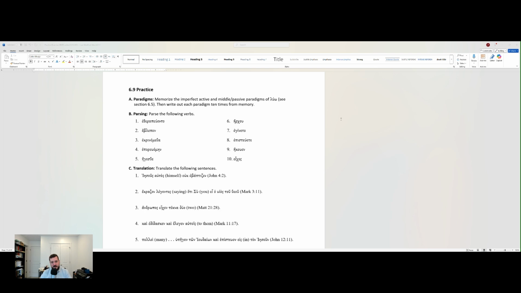There's a lot of really good information in the chapter. The section about how vowels contract is really worth your time to study and master, because it will help you identify that a word has an augment on it. There will be corner cases and interesting situations that come up with how words are formed in Greek, and understanding how those vowels relate to each other will help you tremendously.